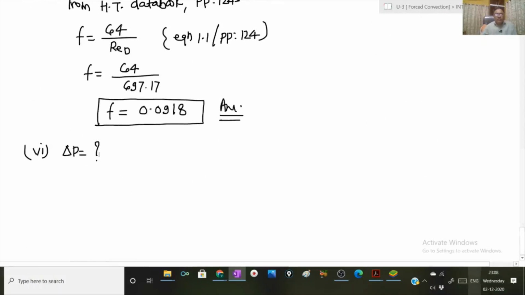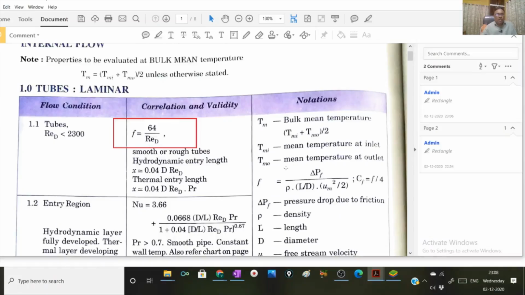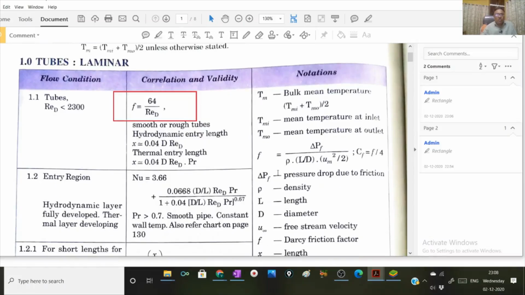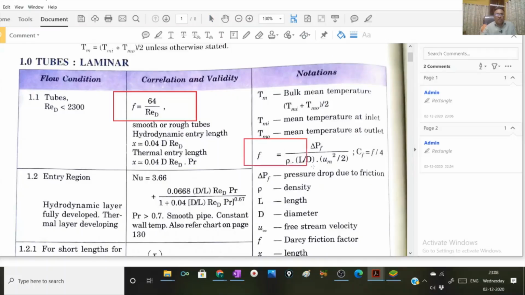Let us check whether this pressure drop formula is given in the data book or not. For internal flow, f is equal to delta PF over rho into L by D into UM square by 2, where delta PF is the pressure drop due to friction. This formula shows the relationship between friction factor and pressure drop.